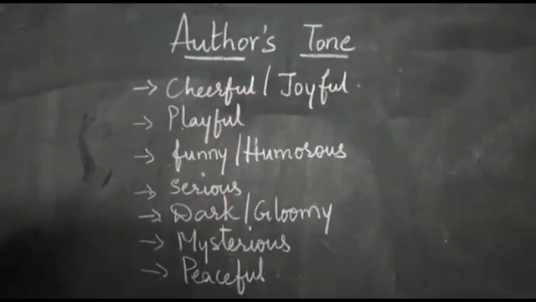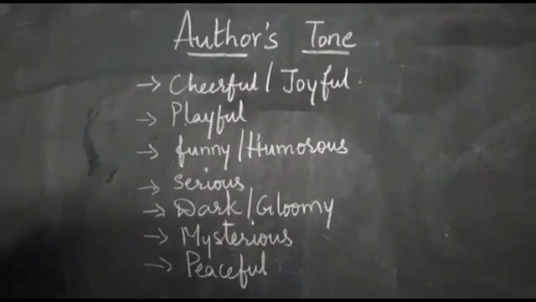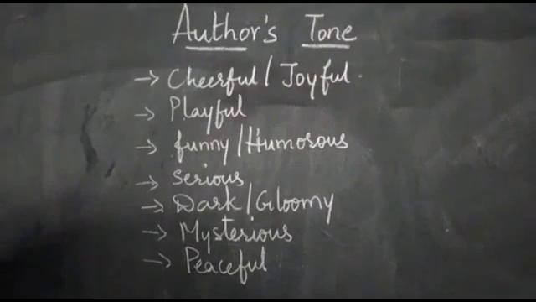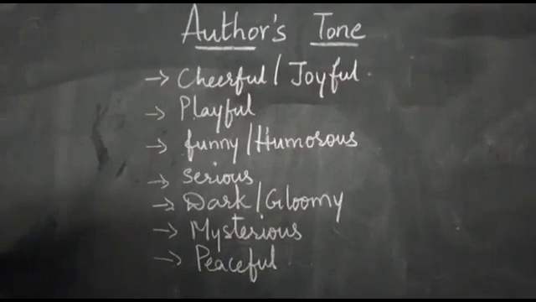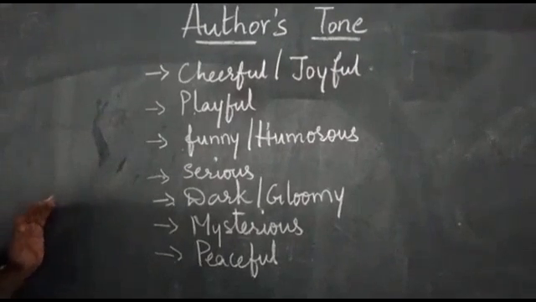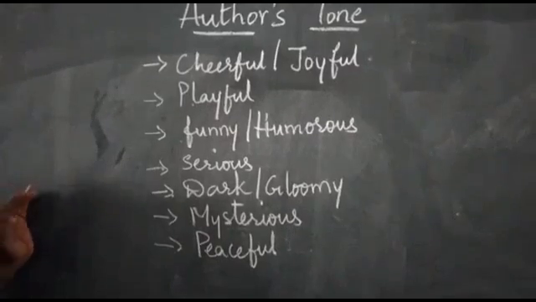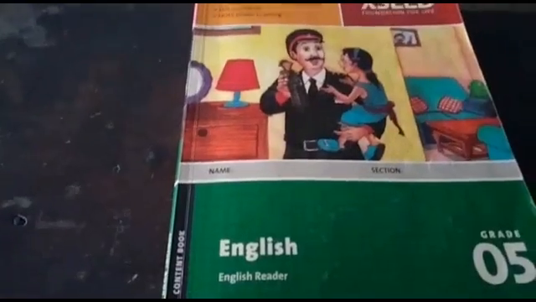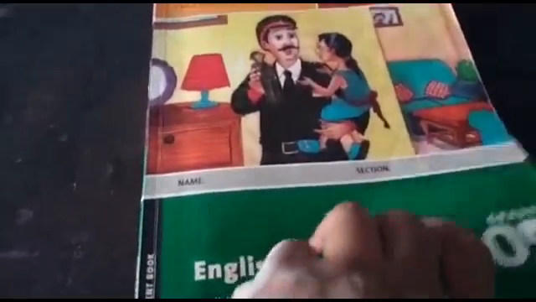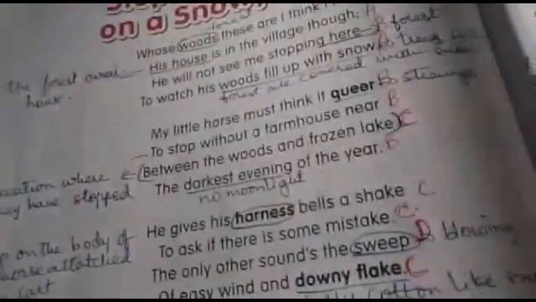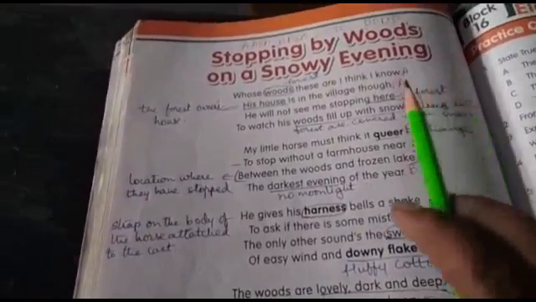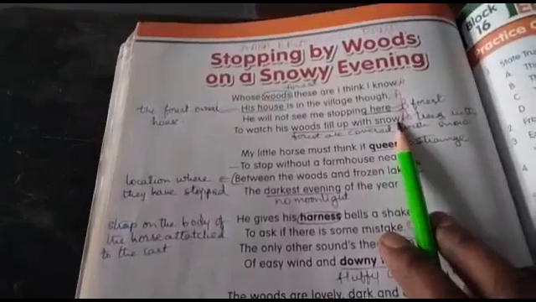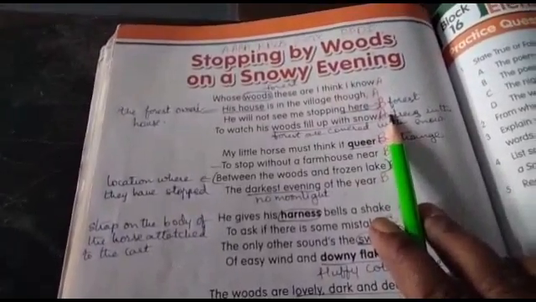Now, according to the poem Stopping by Woods on a Snowy Evening, by the words the poet used in the poetry, we are going to see what is the author's tone in that poem. Okay. Open your reader, children, block number 16, that is Stopping by Woods on a Snowy Evening poetry. Now, how does the poem make us feel? That we are going to discuss.